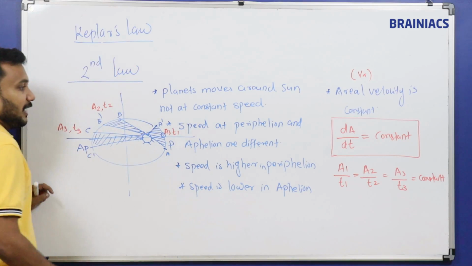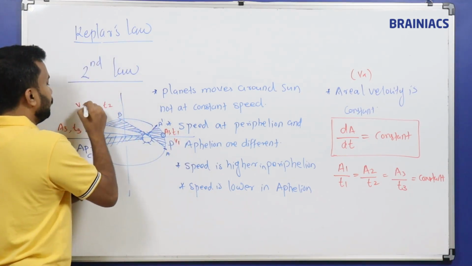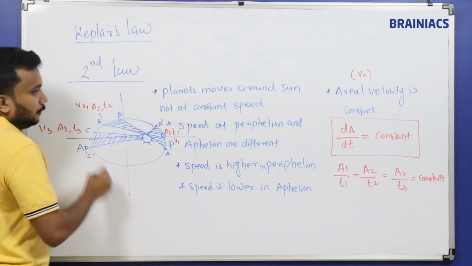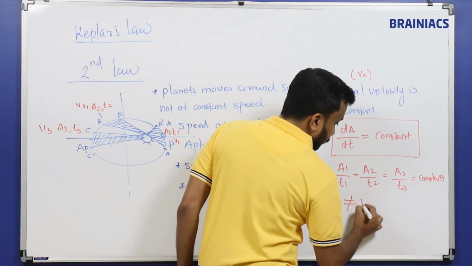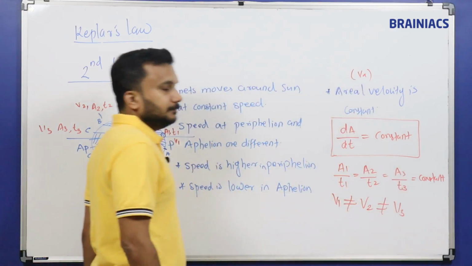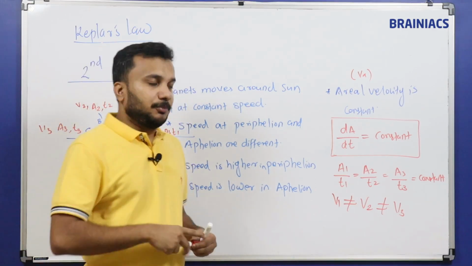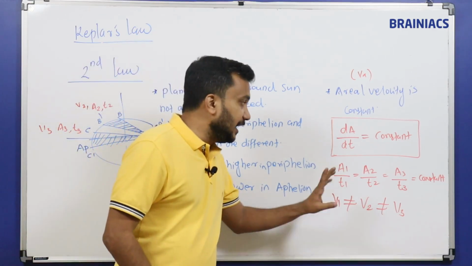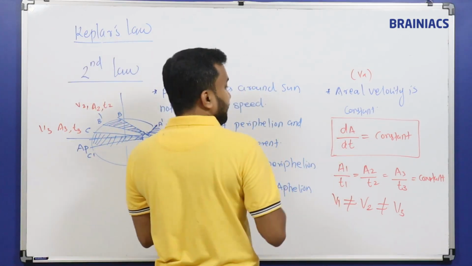I told you the satellite will have a different velocity in each section. Here it is V1, here V2 and here V3. So I can also say V1 is not equal to V2 is not equal to V3. Important point: do not consider V1 equal to A1 by T1. No, this is not V1. V1 is a speed.